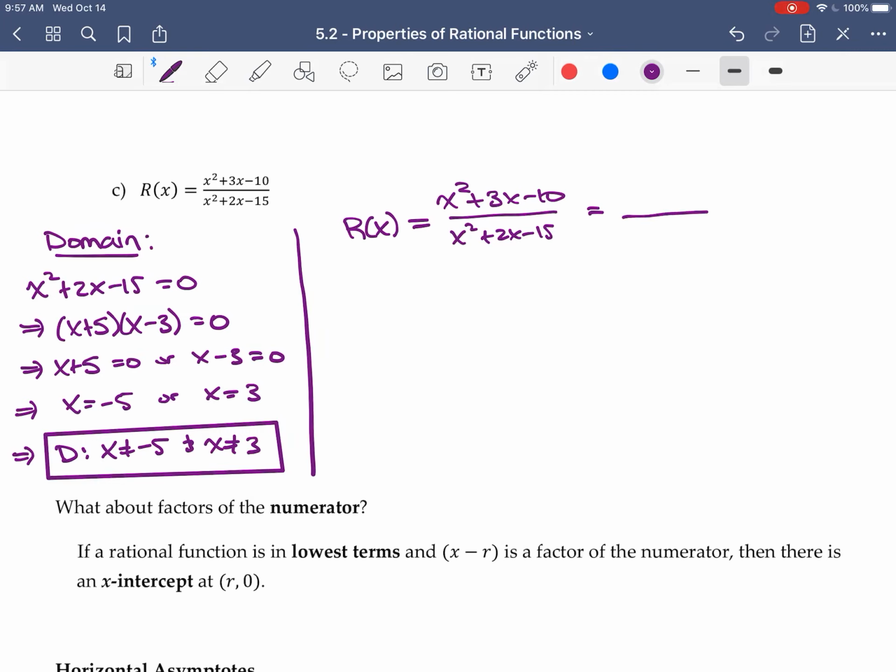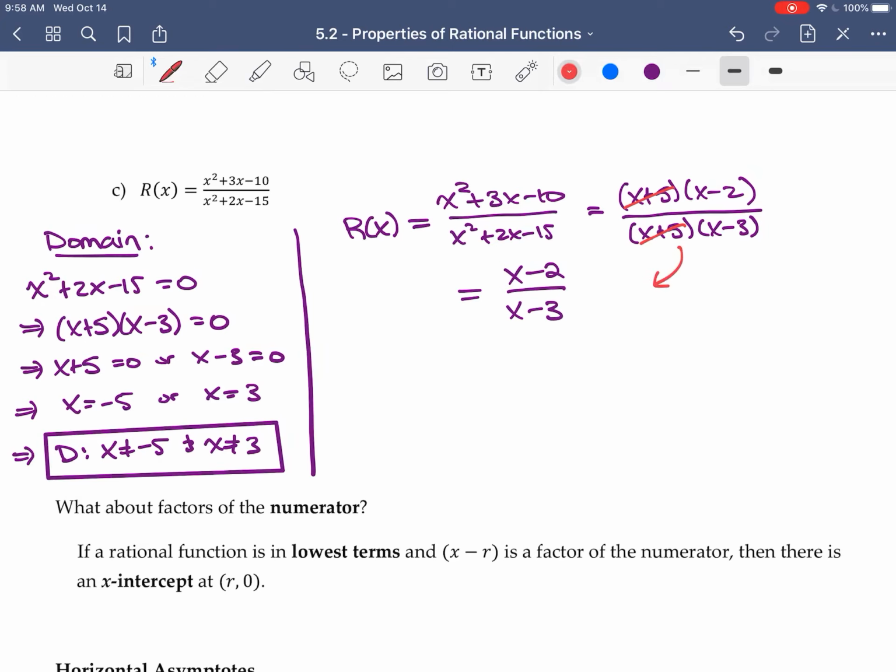We already did the bottom, so we know that this factors as x plus 5 times x minus 3. For the top, I want two numbers that multiply to give negative 10 and add to give positive 3. So that's going to be plus 5 and minus 2. Now we can see that the x plus 5 factor goes away. So the function is going to simplify to x minus 2 over x minus 3.